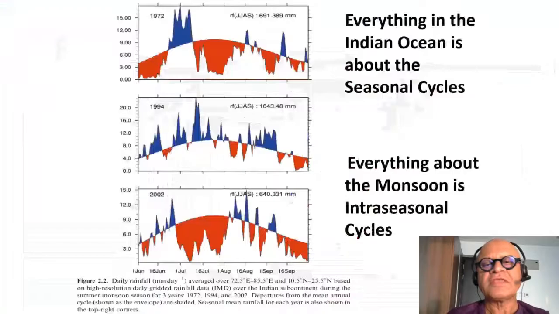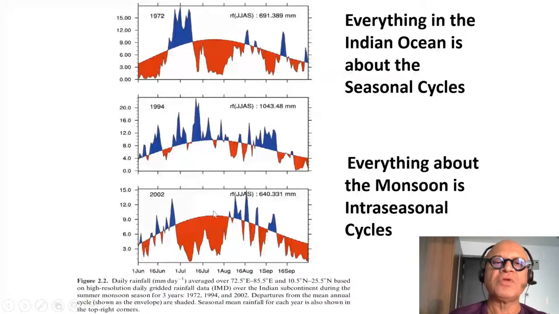What are the intrinsic time scales within a season for the monsoon?